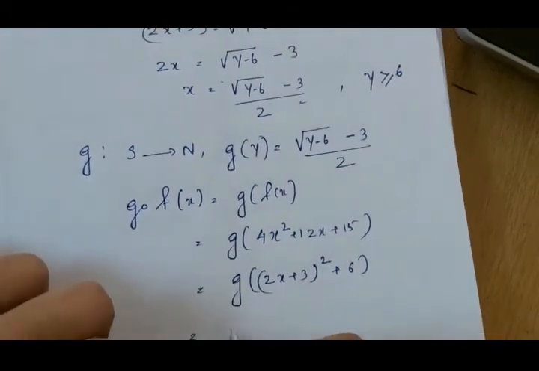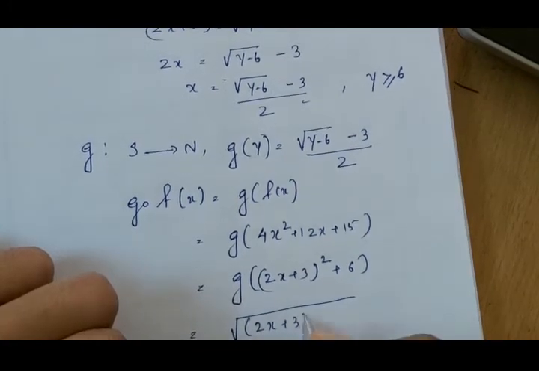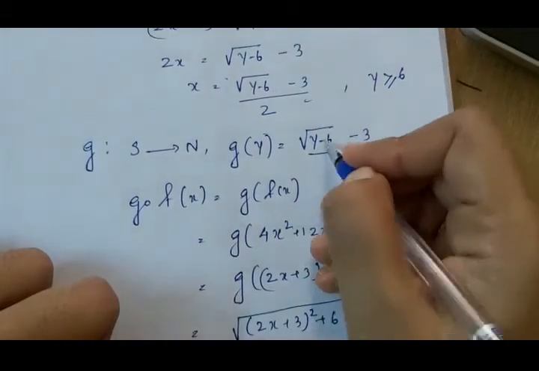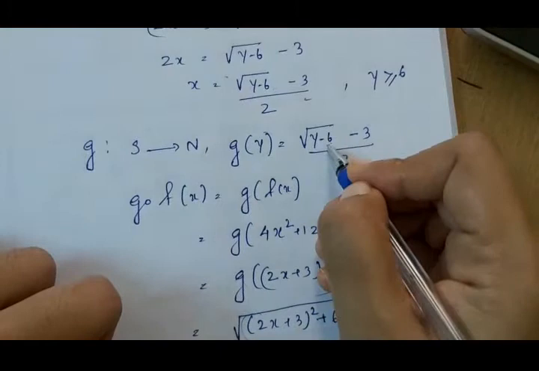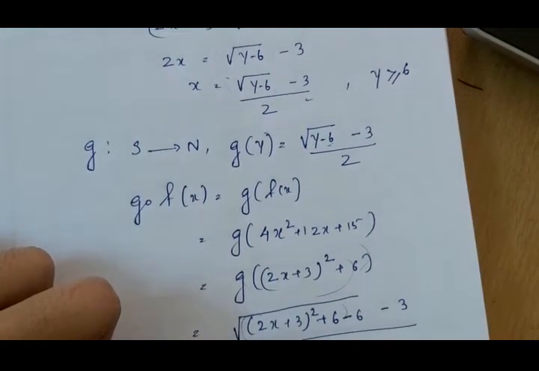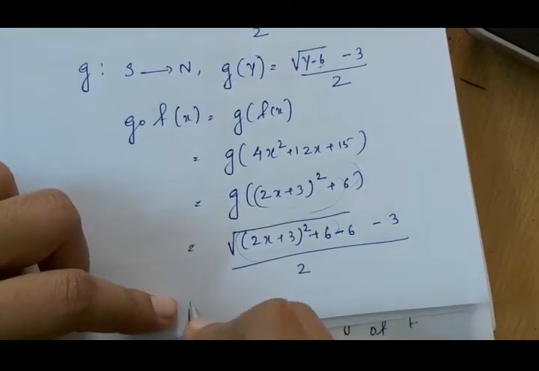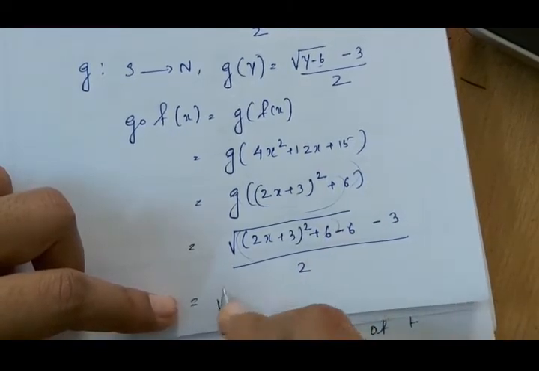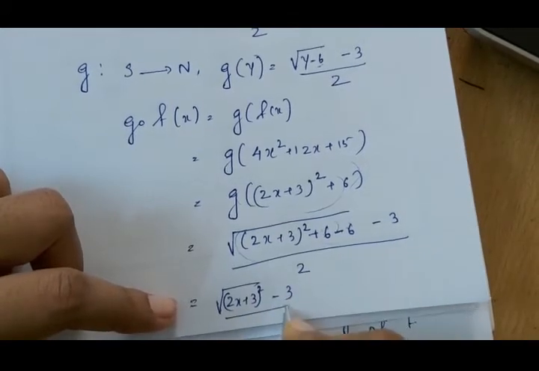So root of 2x plus 3 the whole square plus 6, then there is another minus 6, then minus 3, the whole divided by 2. When we simplify, this becomes 0. So root of 2x plus 3 the whole square minus 3 divided by 2.